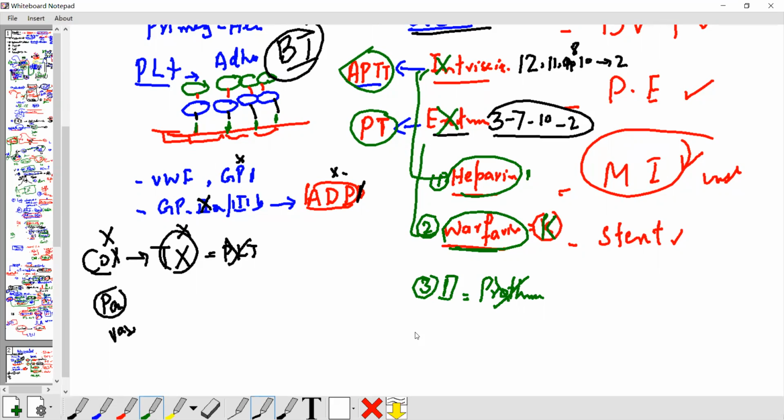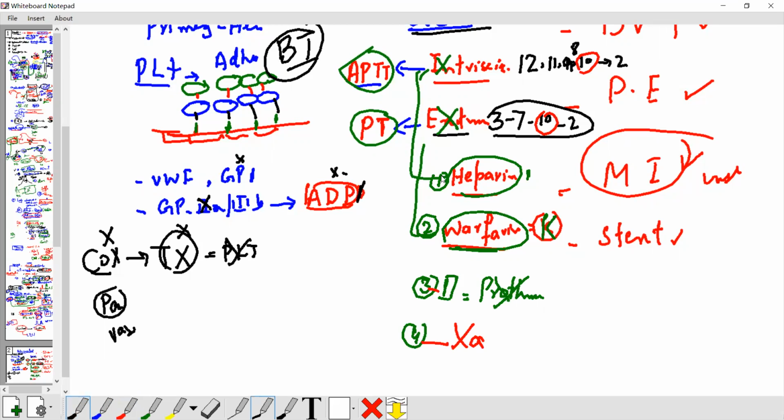Another drug group, number 4. The common thing in both pathways is factor number 10. The drug acting on factor number 10. Okay, drug against factor 10, drug against factor 2. Understand? First we classify how many groups we use here.